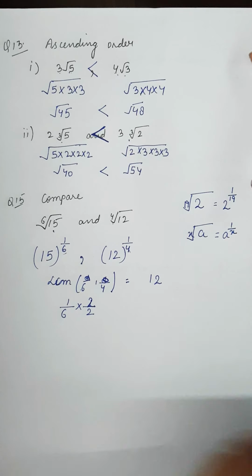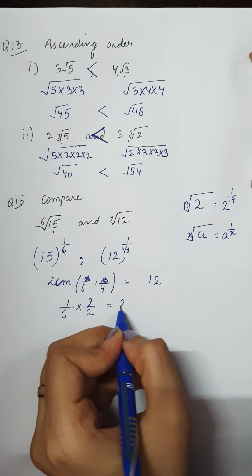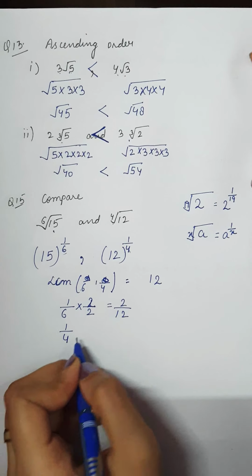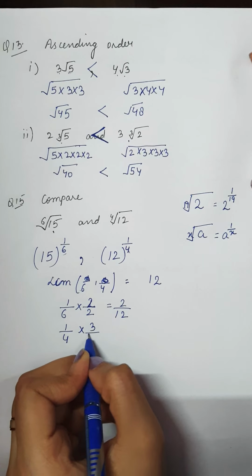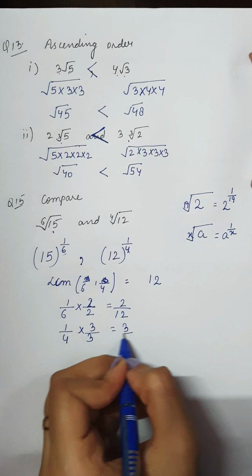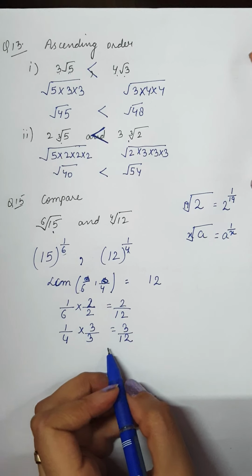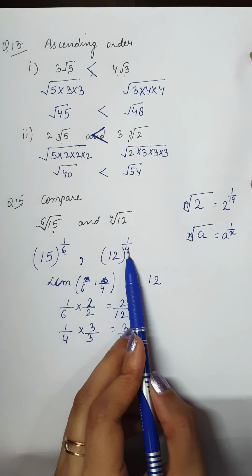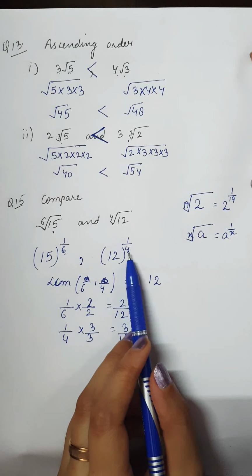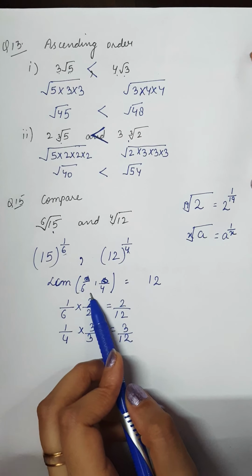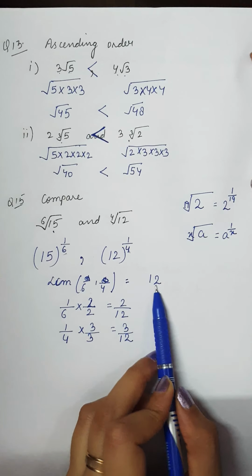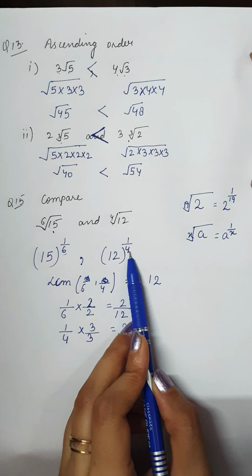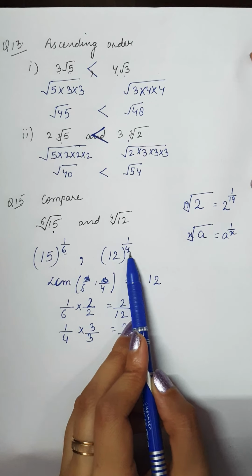So I need to convert this. I will multiply 2 by 2, so 2 by 12. Same way I will convert 1 by 4; the denominator I want to be 12, so 3 by 12. You understood this step? I am dealing only with the fractions 1 by 6 and 1 by 4. I took the LCM of 6 and 4, which is 12. Now I want denominator 12 for both to be like fractions.